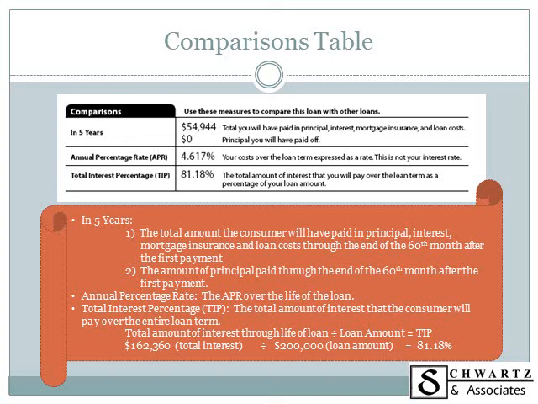This is a new field that the CFPB has added to the loan estimate and our closing disclosure. You'll see the percentage here is 81.18%. This amount is pretty high, and I think the borrowers are going to have a lot of questions about what that total is and where it comes from. Basically, this is the total amount of interest that the consumer will pay over the life of the loan.